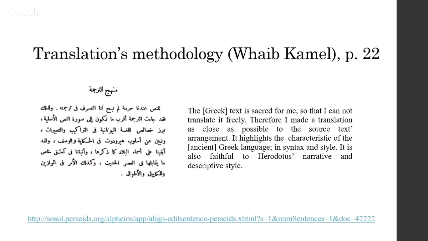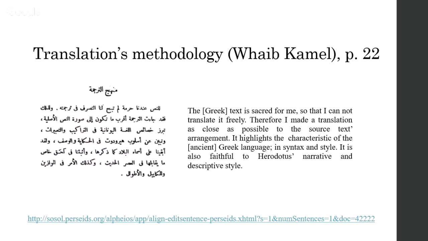He said that on the left-hand side you will have the Arabic translation, and on the right-hand side the Greek text, which is sacred for him, so that he cannot translate it freely. Therefore, he made an Arabic translation as close as possible to the source text arrangement. So he is trying to preserve the arrangement of the Greek original. Why is he doing this?